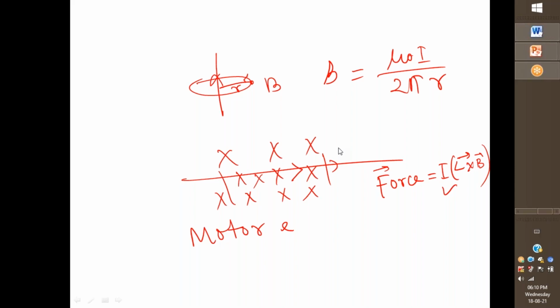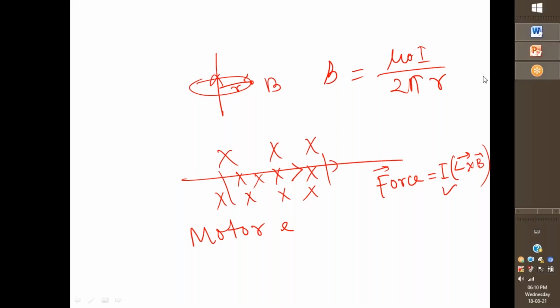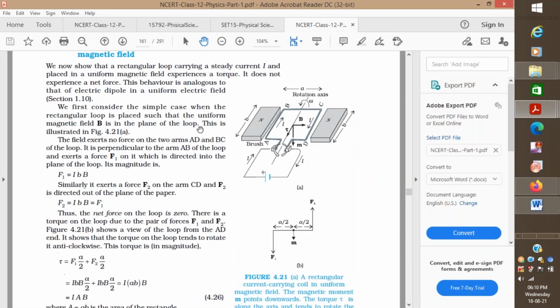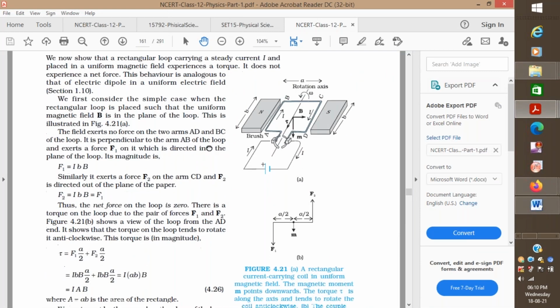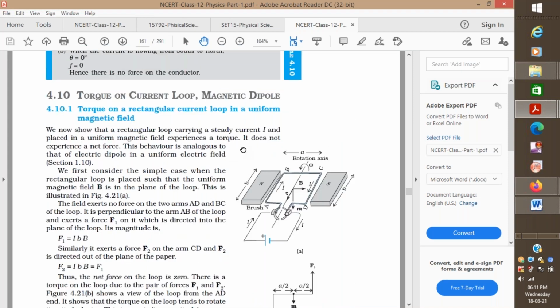So when I have a conductor carrying some current, it experiences a force due to the magnetic field when it is kept in a uniform magnetic field.